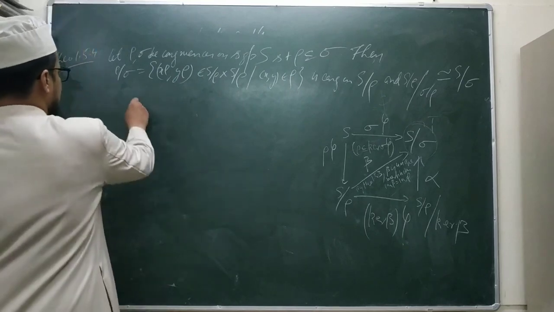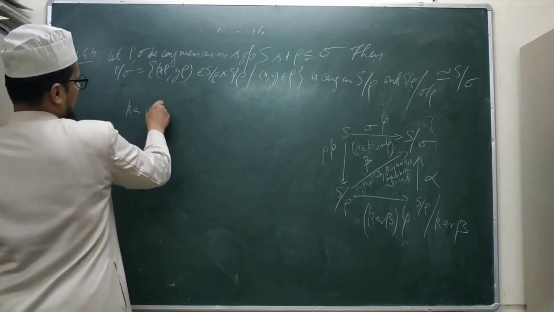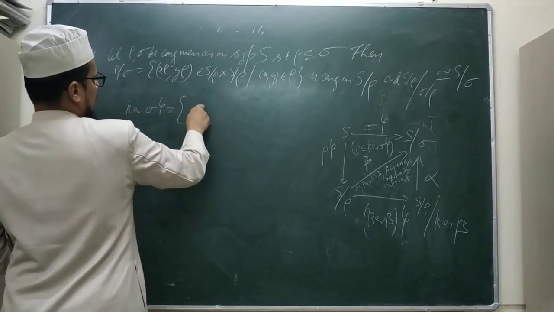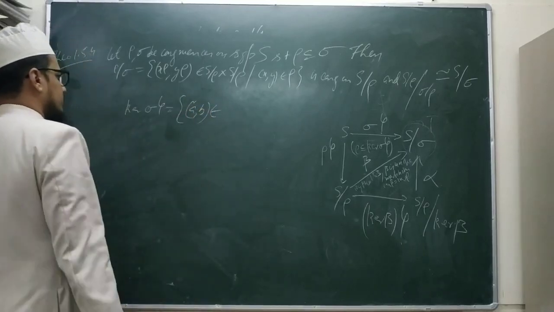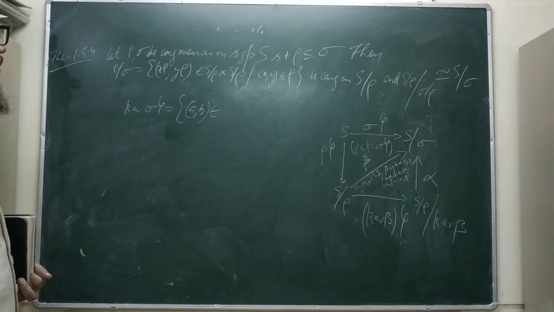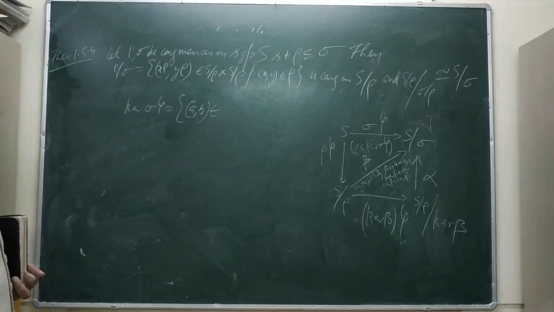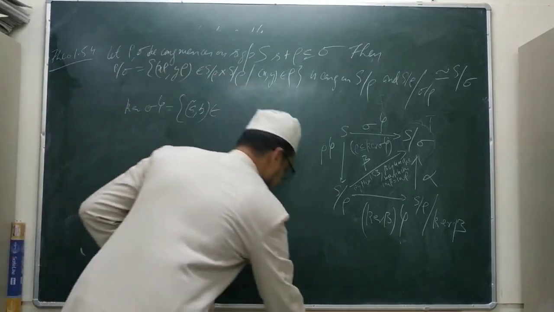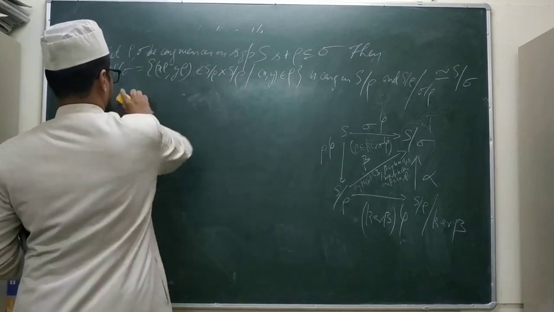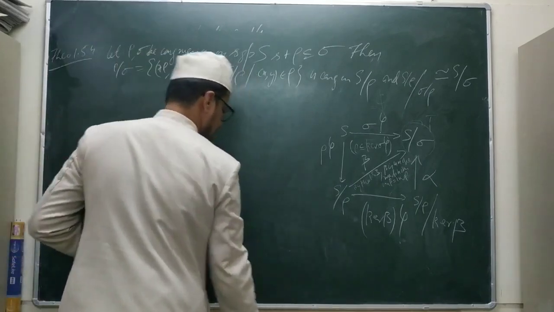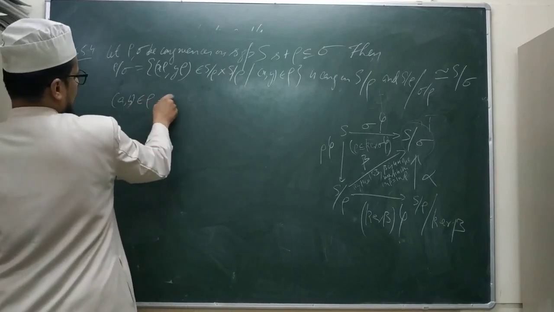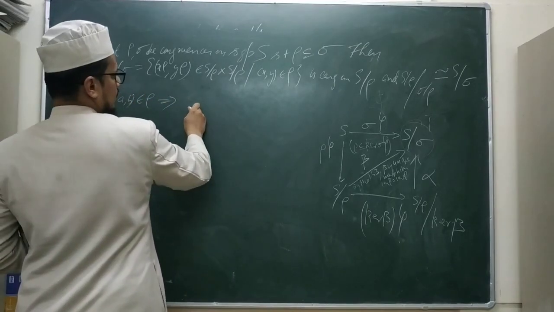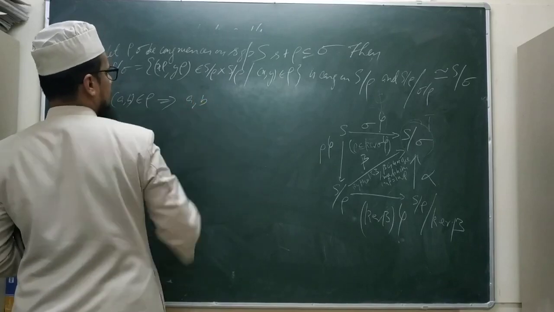Correct? See, what is kernel sigma natural? Kernel of sigma natural, if you calculate, A comma B belongs to what. You can think also like this. You take A comma B belongs to rho.